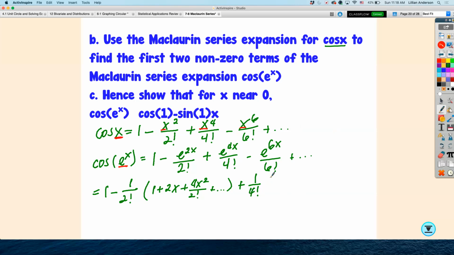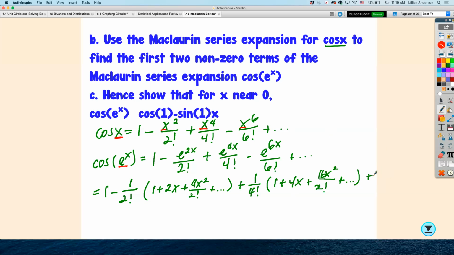That's 1 over 4 factorial times the series or the expansion for e to the 4x.